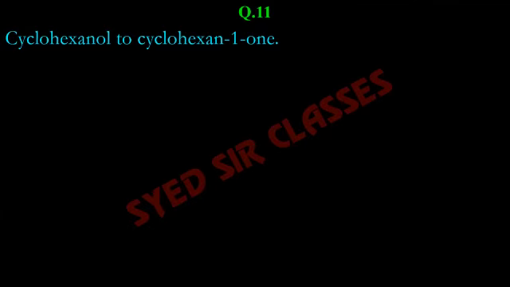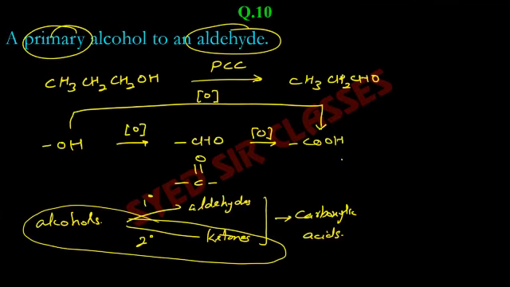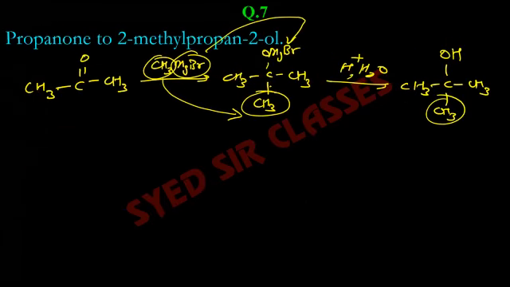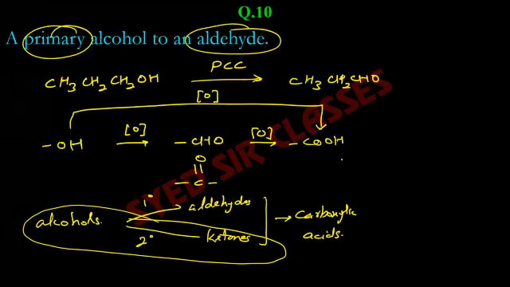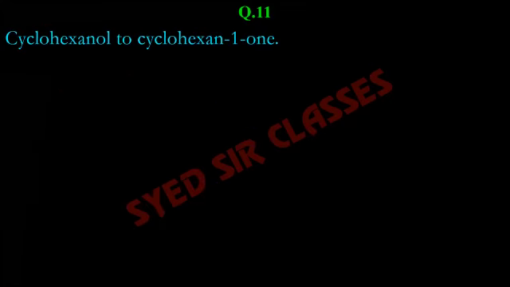Now here, as I told you, another oxidizing agent. Where did I tell you? Probably I erased that. We can use CrO3 for oxidation. In such cases, this is another oxidation. We use CrO3, but H2SO4 is required. Otherwise, the mechanism doesn't proceed.